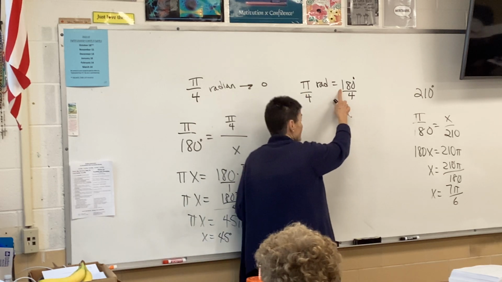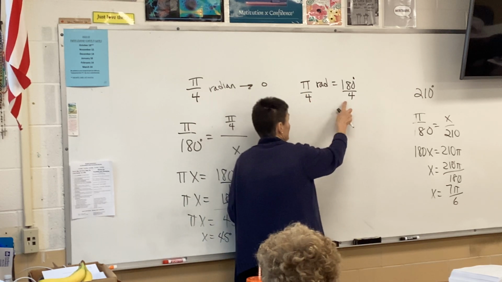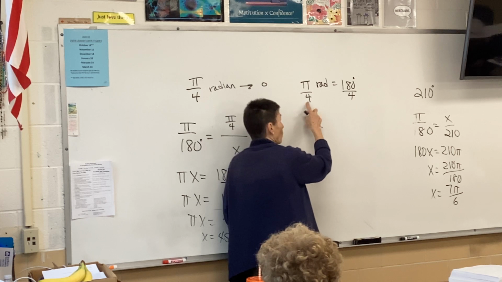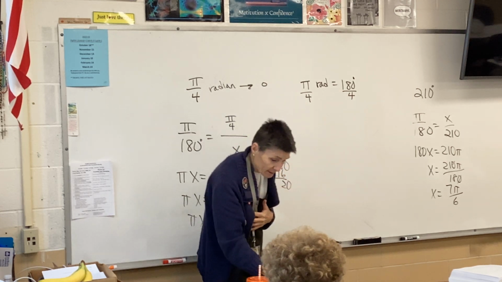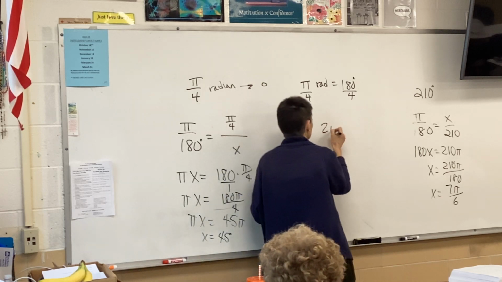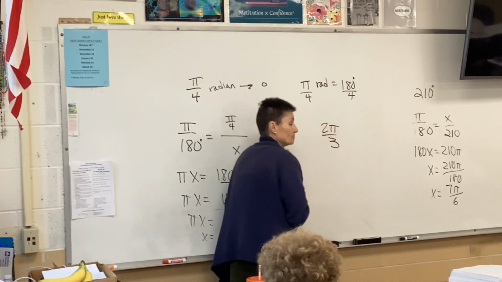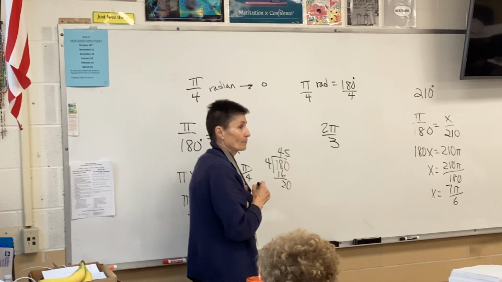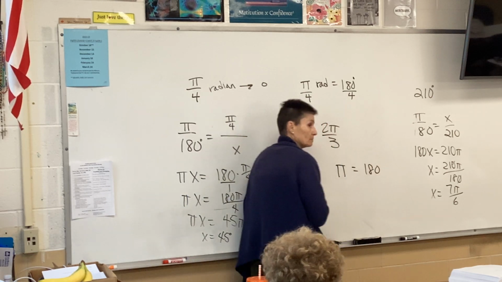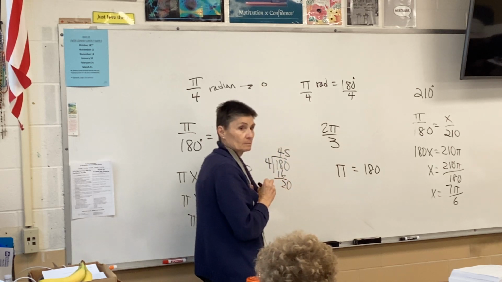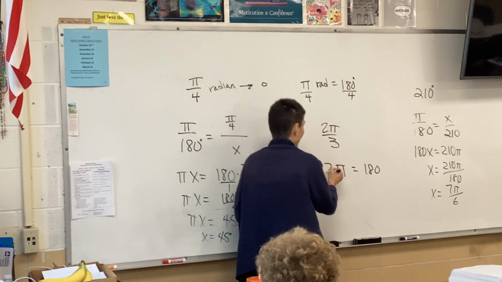Pi is 180, so whatever fraction you have, in this case it was pi over 4, will be 180 over 4. So if we look at the next one, it's 2 pi over 3. Well, remember, pi is 180. What's 2 pi going to be then?